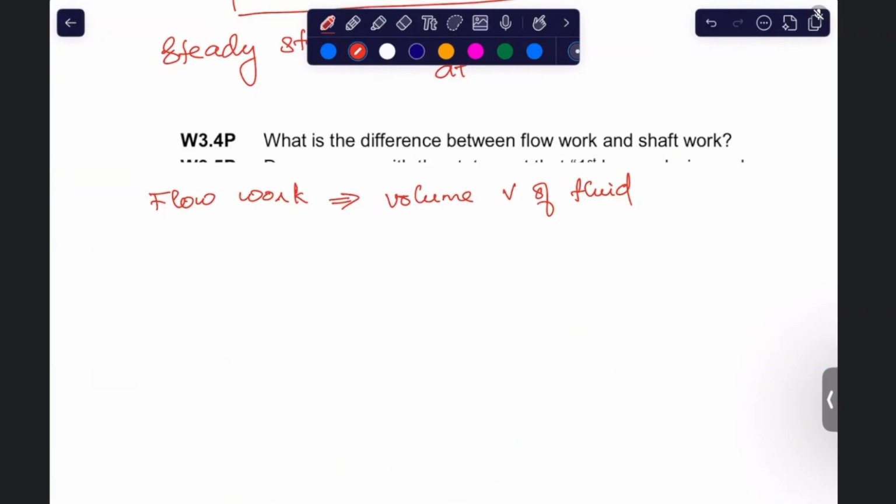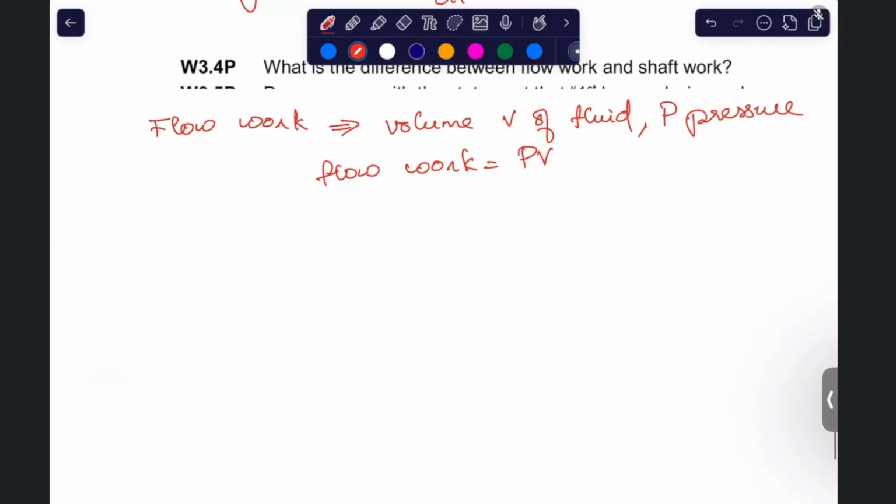So it can be denoted by, if the system has pressure P, then flow work will be equal to PV.